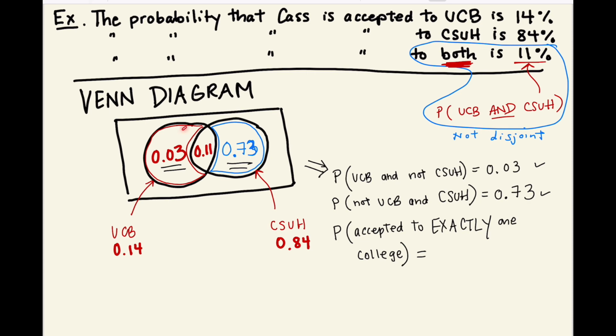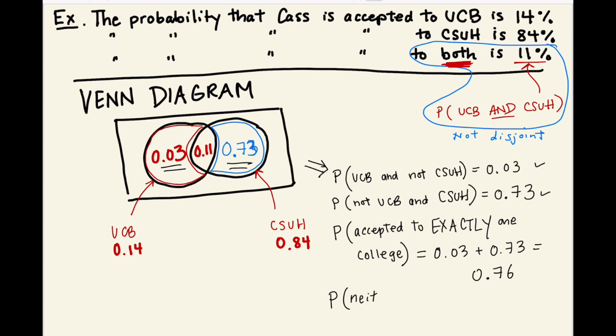It would basically be this area plus this area over here, not including being accepted to both or neither. So that would be 0.03 plus 0.73. So that's 0.76.